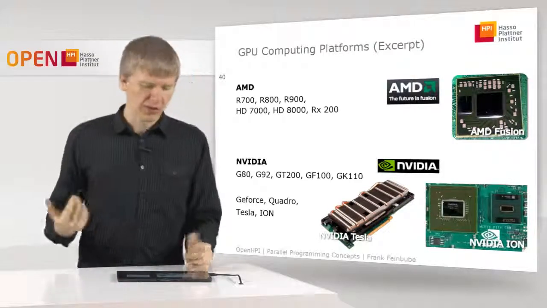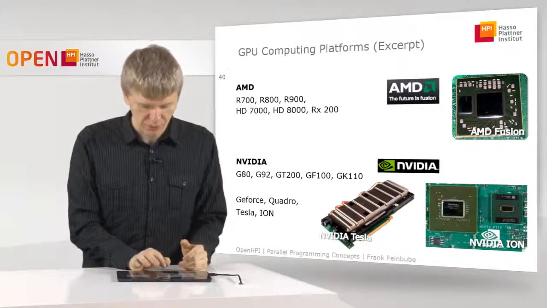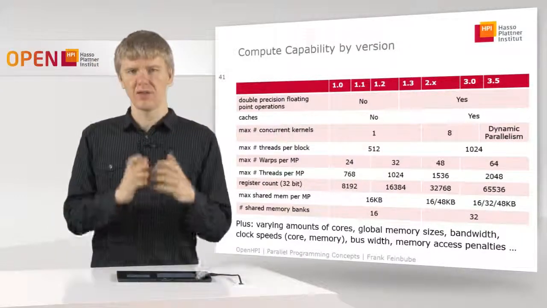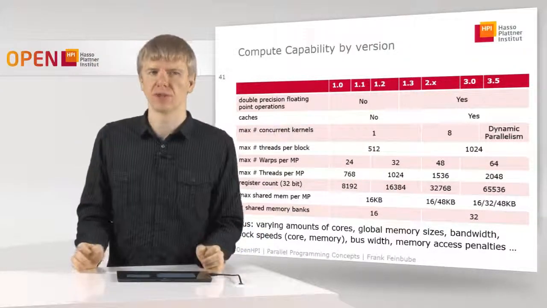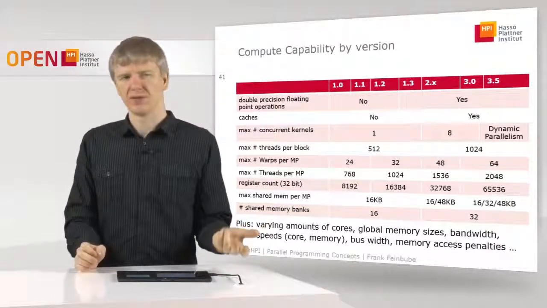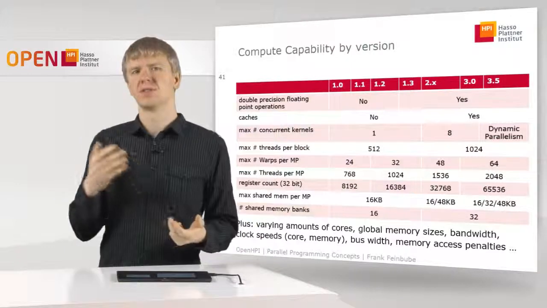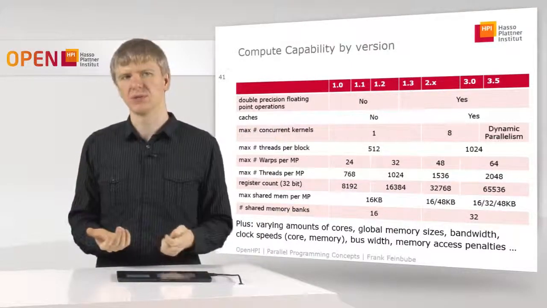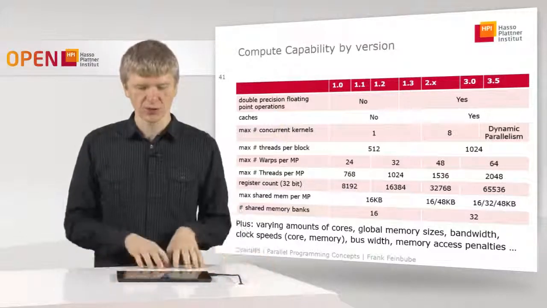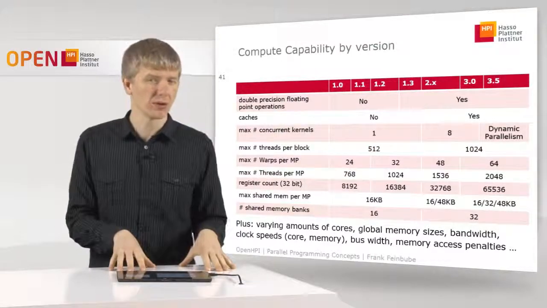And then they could even be paired with a CPU, as we've seen before. And this boils down to a large variety of characteristics. So we could have a GPU that supports 512 threads, or one that supports 1024 threads. We could have GPUs where you just have one kernel on the whole GPU, so one running program on the whole GPU.